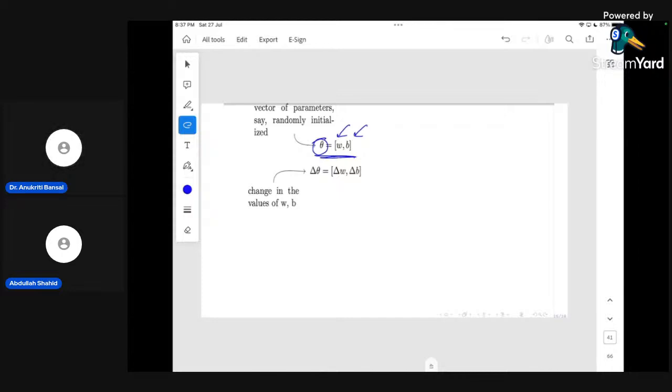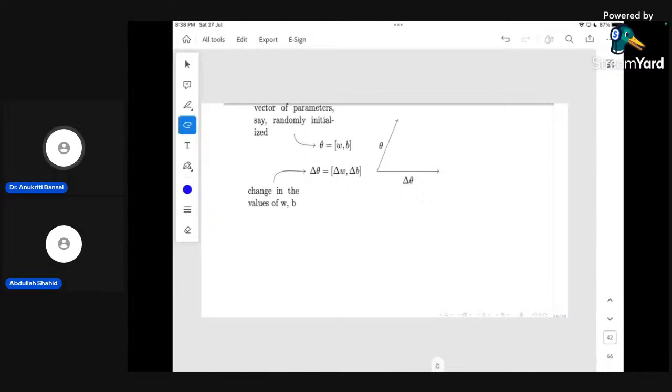So I want to take theta. This is my small change in theta. So if I make this small change in my theta, I will get a new value of theta. Okay.